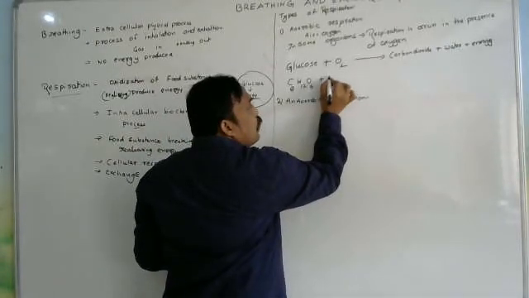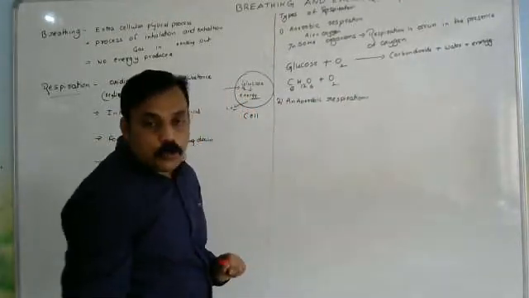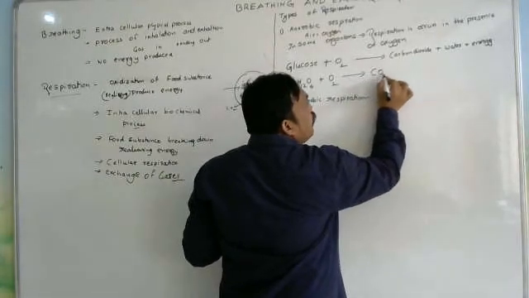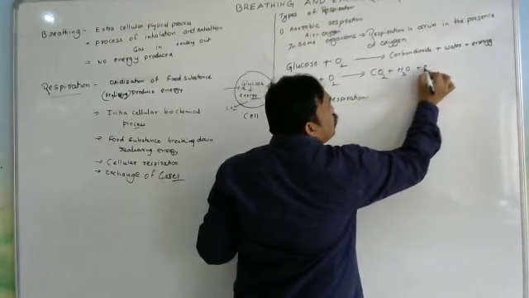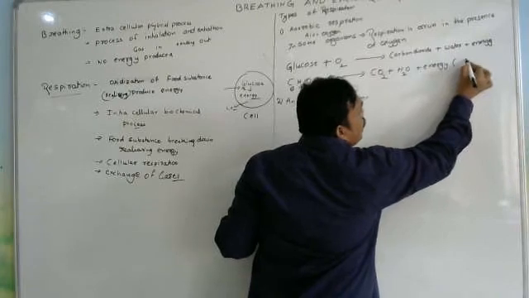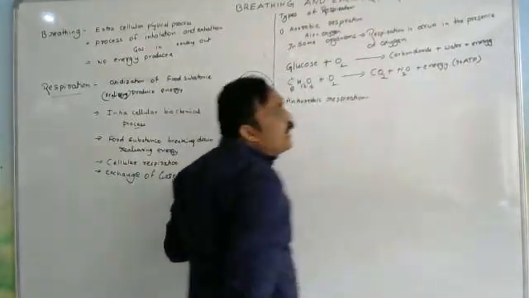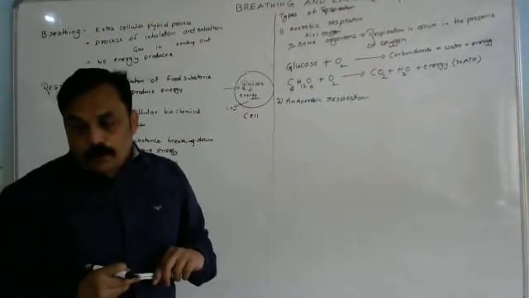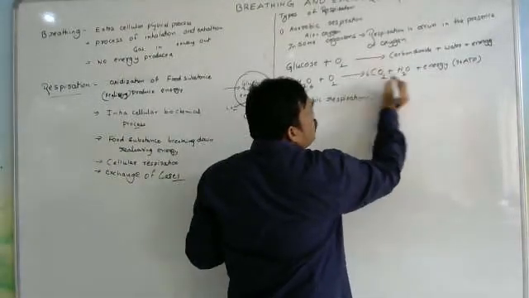In the oxidation of the glucose molecule, it releases carbon dioxide and water and also energy. Energy is produced in the form of ATPs, generally 36 ATPs in human beings. Balancing 6 and 6.